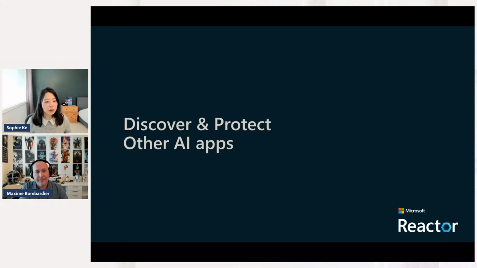And then let's do a recap, Max, on other AI. So we covered how to secure Microsoft 365 Copilot, right? Discover, protect, and govern. There's the blog post for a little bit of reading on how you can discover and govern ChatGPT Enterprise. And the last piece is on the other AI applications.